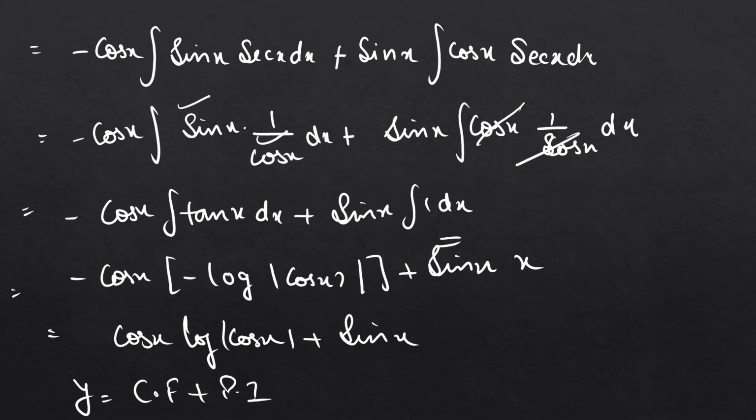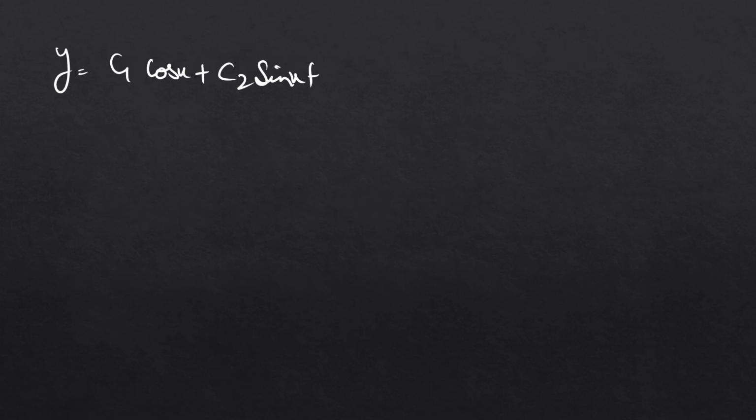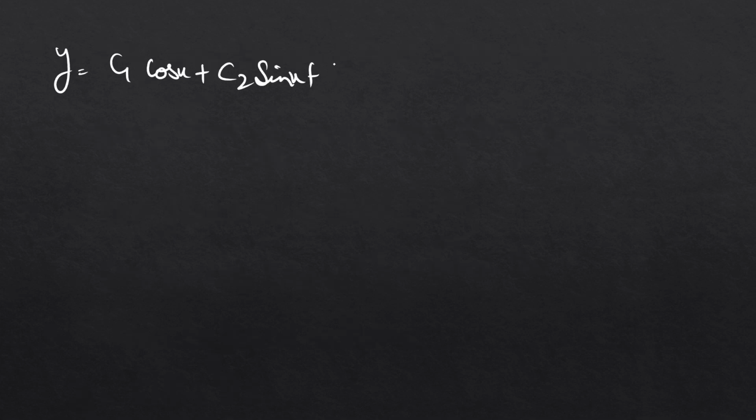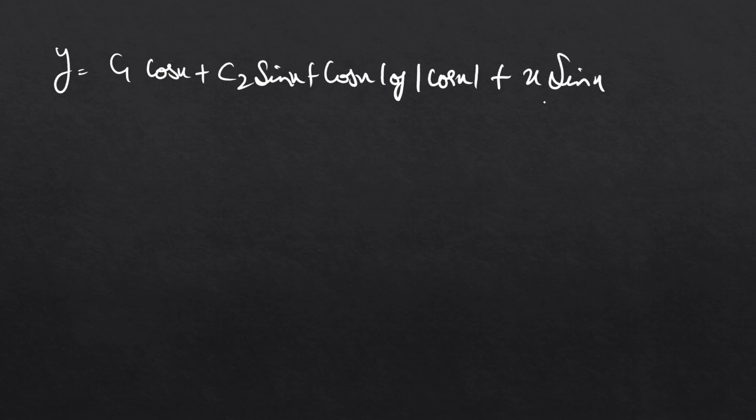Similarly, the particular integral is cos x log mod of cos x plus sin x. Sorry, here x is also multiplied. So it is cos x log of mod of cos x plus x into sin x. So this is the solution of our differential equation.